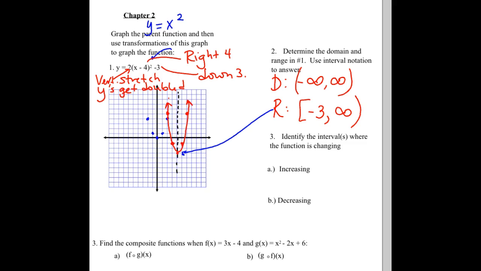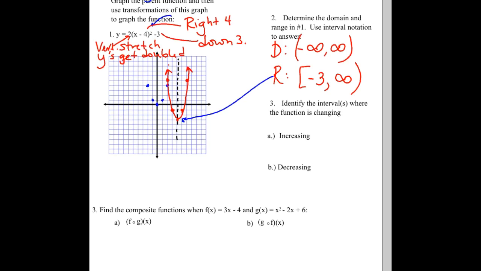Question 3 asks us to identify where the graph is increasing and decreasing. And most students get mixed up because they focus on the y values. Instead, when we talk about the interval, we're looking at what are the x's where my graph is increasing and where are the x's where my graph is decreasing. So again, there is a change that happens right here.